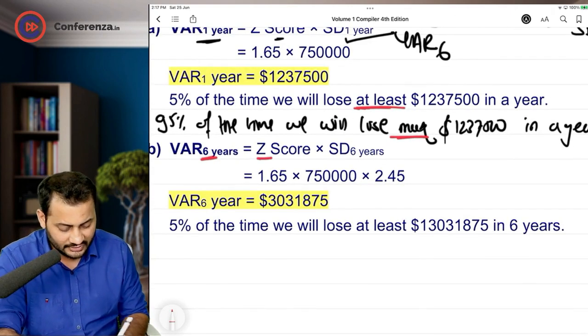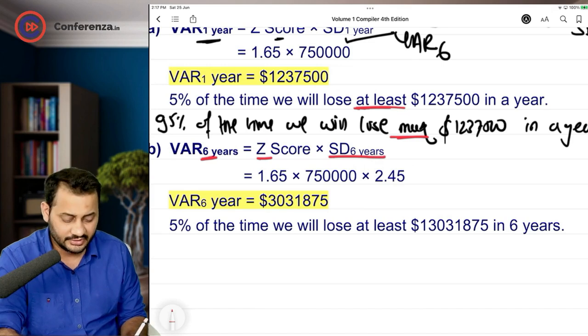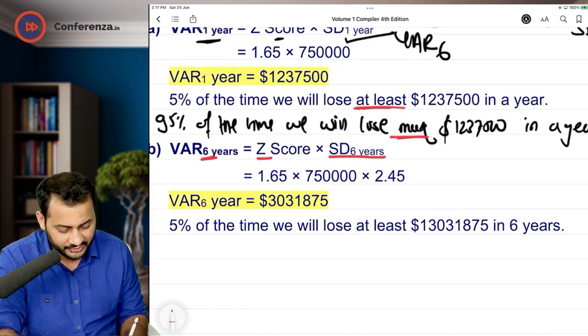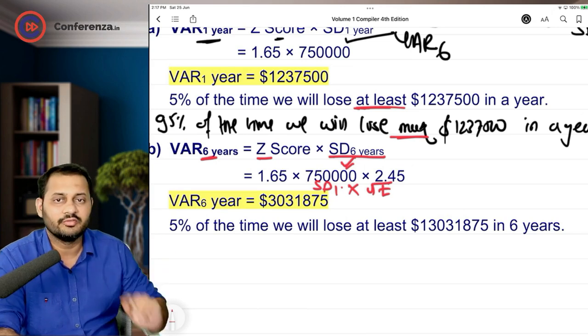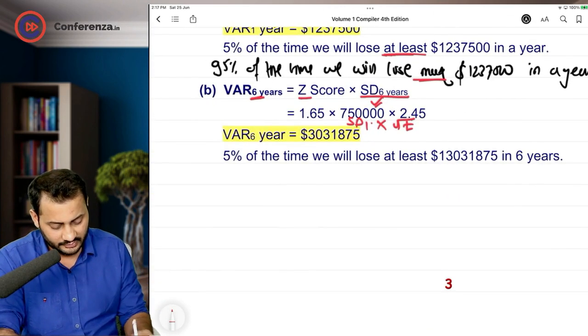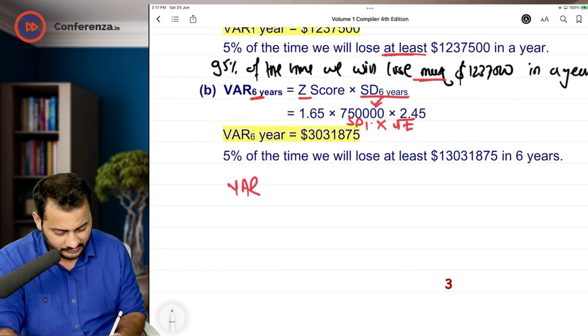See, Z score into standard deviation for 6 years. How to calculate the standard deviation for 6 years? Standard deviation for 1 year multiplied by under root 6, that is 2.45. We can calculate it, we can just write it down like this. The details are not given there, that's why.